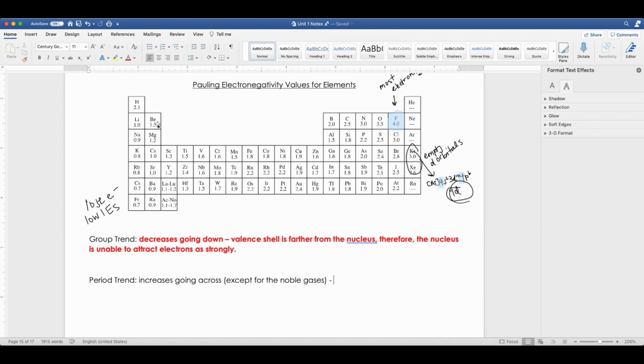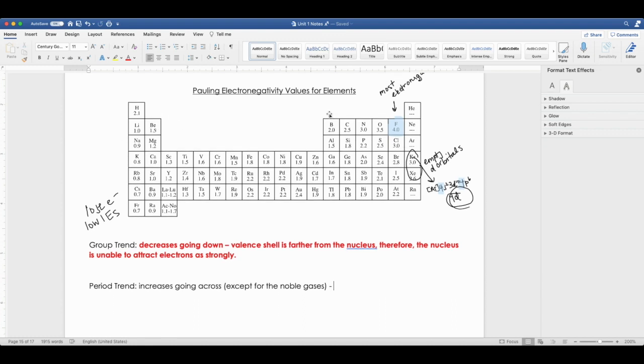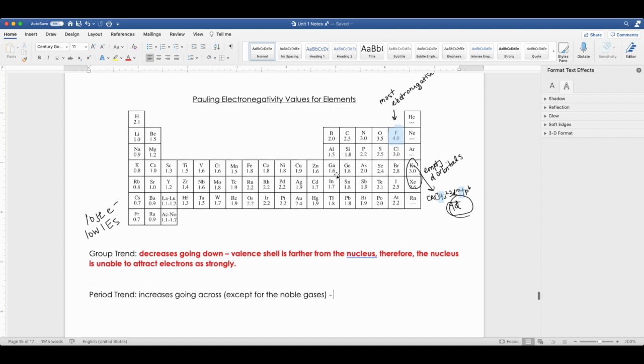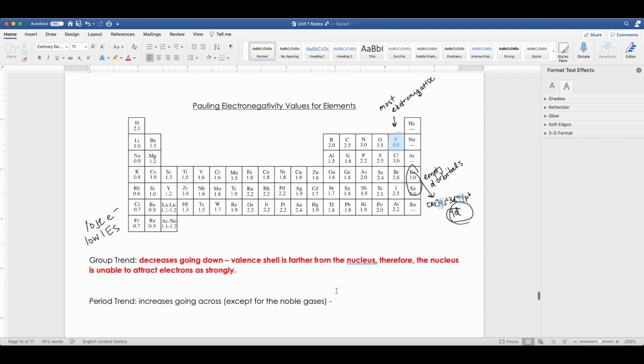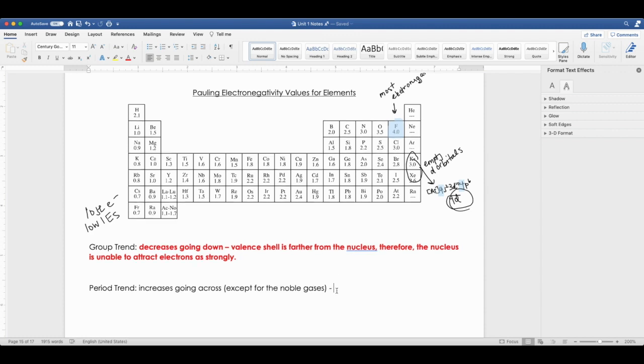And because it makes the nucleus stronger, Coulomb's law says it can pull that outermost shell in closer. When I add another proton going to boron, that particular nucleus will pull in that electron cloud even more. And when it pulls that electron cloud in even more, it can attract more electrons. So this has to do with adding protons to the nucleus.